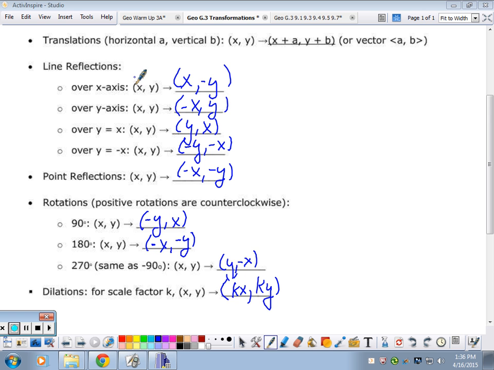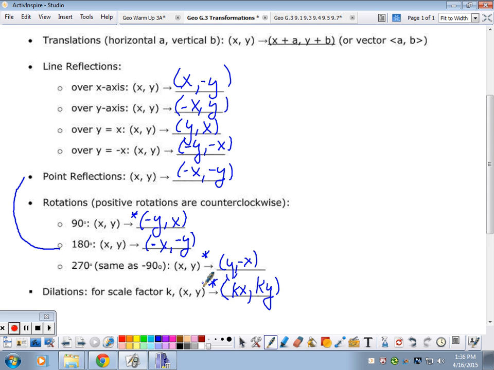Like I can kind of remember this. This one makes sense. Over the x-axis, x stays the same, y changes. Over the y-axis, y stays the same, the x changes. Turn them to look like y equals x. I can kind of remember these. I remember that point reflections and 180-degree rotations are the same. So that's good. For me, the kind of hard ones to remember are these 3.